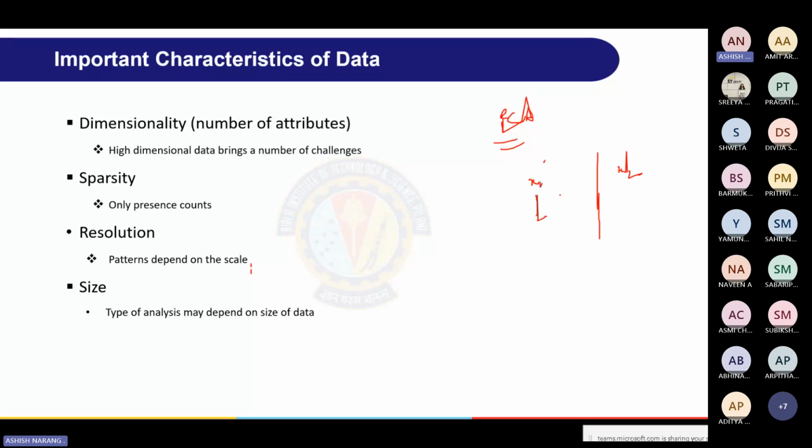This x1 has values like this, and x2 has values like this. Now, what should we do?